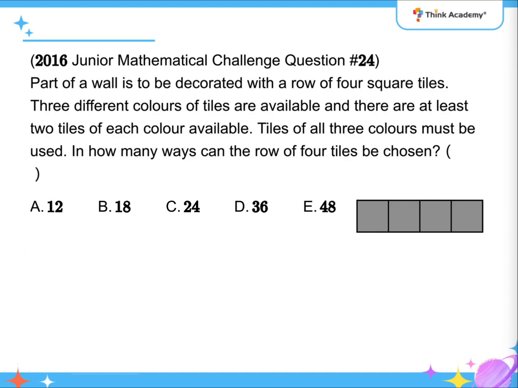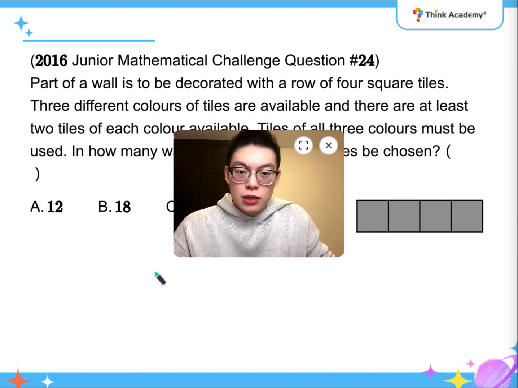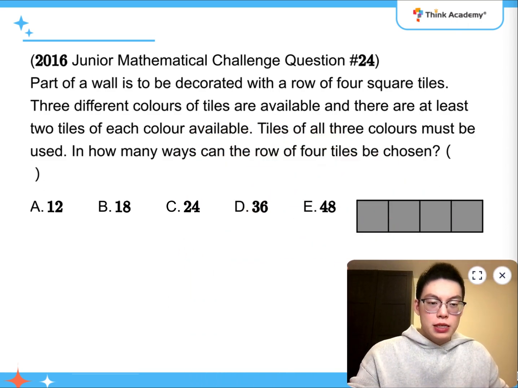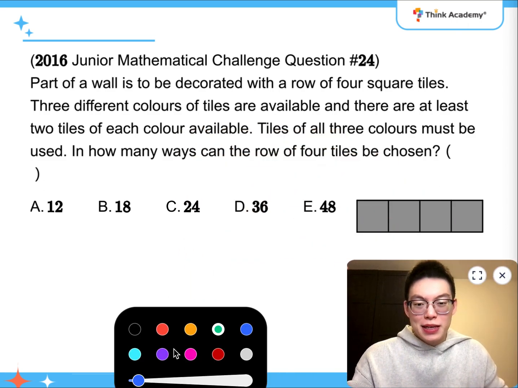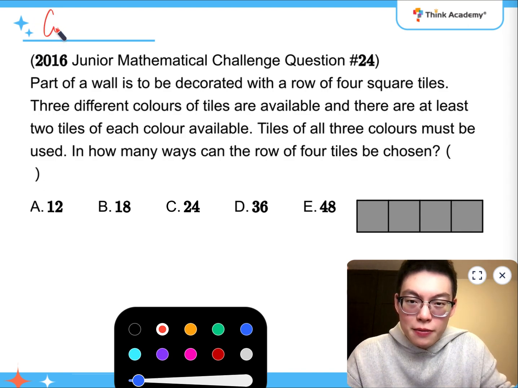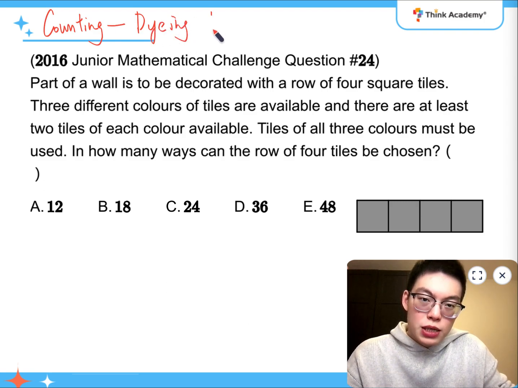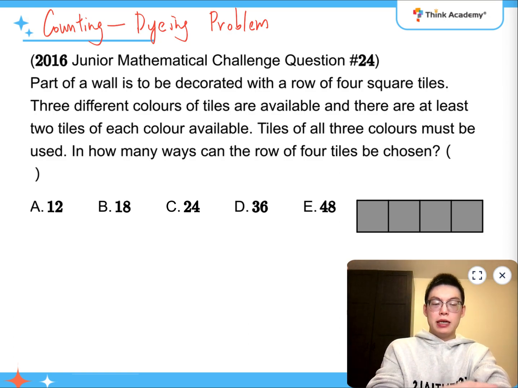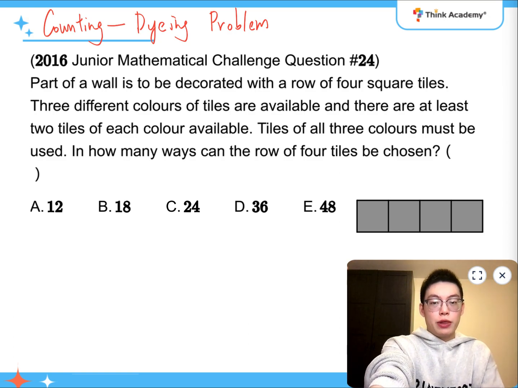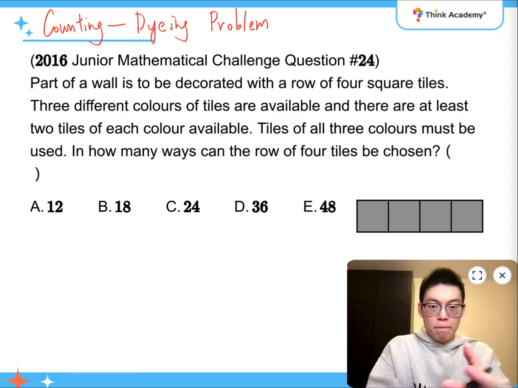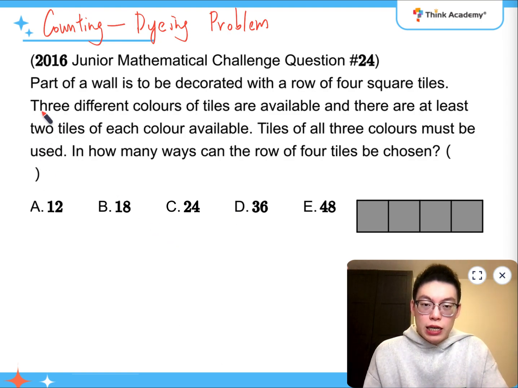And then for question number 24. So this one is slightly more interesting. It's a counting problem. And it belongs to the dying problems in counting. Because we are coloring these tiles with different colors, right? So it says that 3 different colors are available.